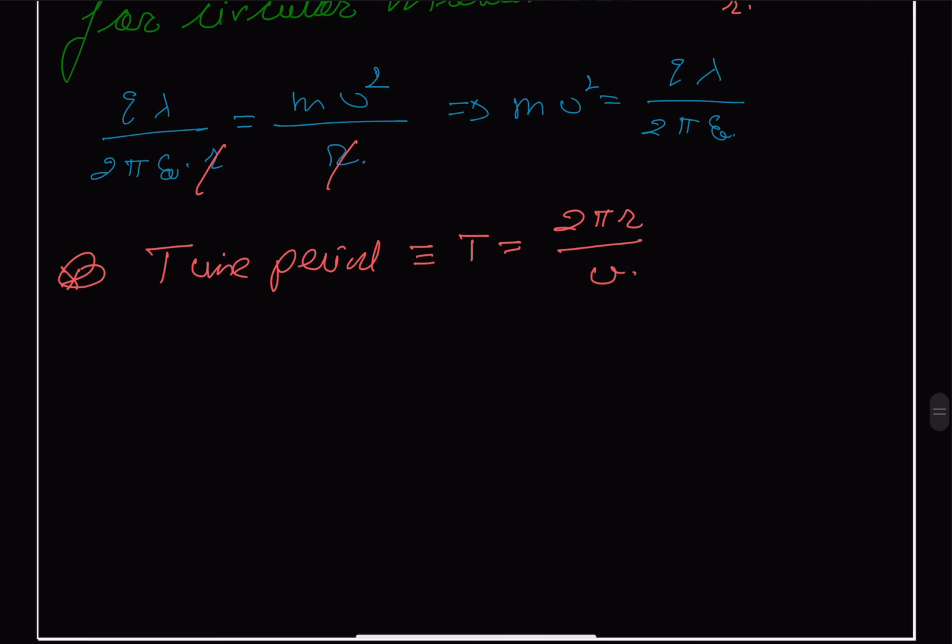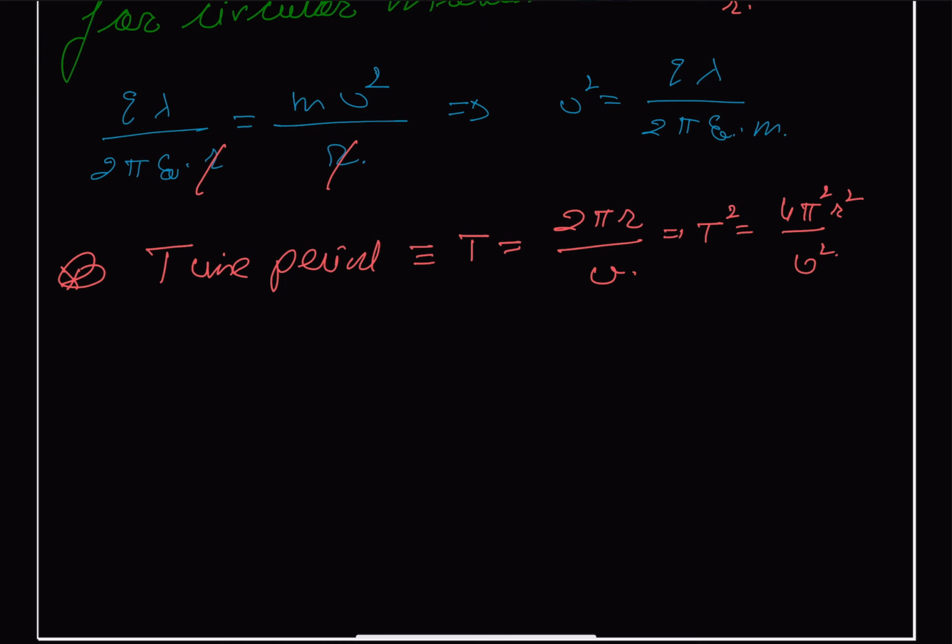So we can just square both sides and sort it out. So we are just going to square the equation, which gives us T square is equal to 4 pi square r square upon v square. Now we can easily substitute the value of v square.